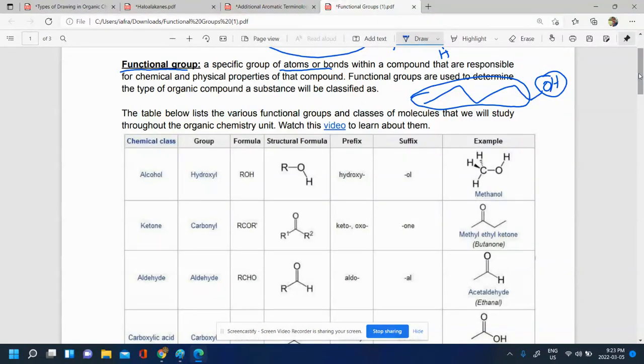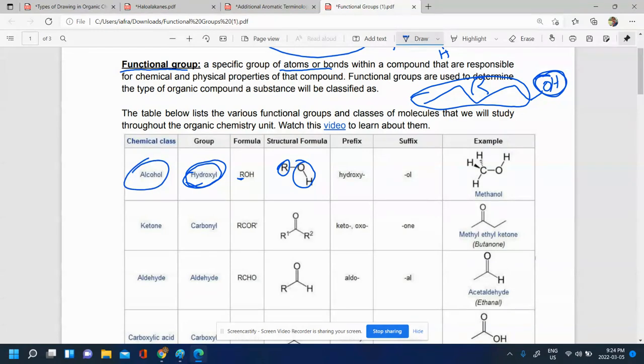So for example, one functional group that we can add to the carbon chain is the hydroxyl group, the one I just mentioned, this OH. To represent it with a formula, we would represent the carbon chain as R and then OH. So R, OH, and this is called the hydroxyl group. Typically, molecules that have the hydroxyl functional group are called alcohols.